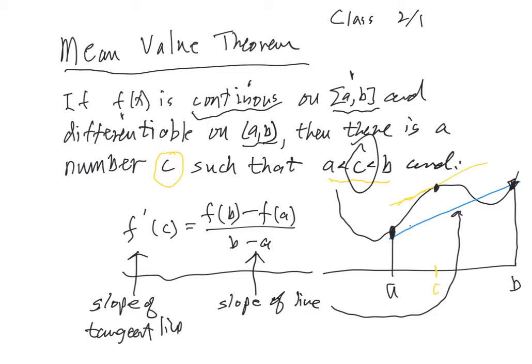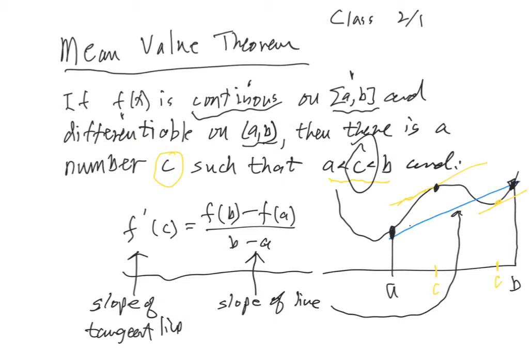If you look a little further, you may realize there is another value of C we could have used, maybe over here somewhere where the tangent line has the same slope. Now, the theorem doesn't guarantee any particular number except one. There has to be one point.